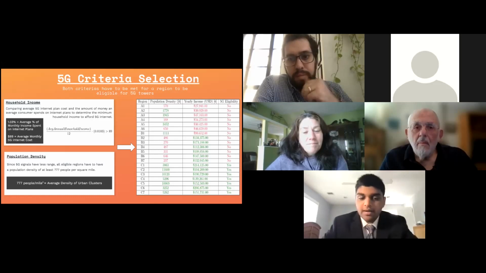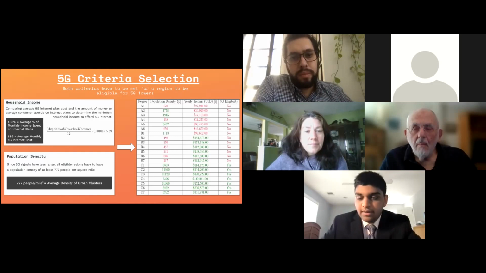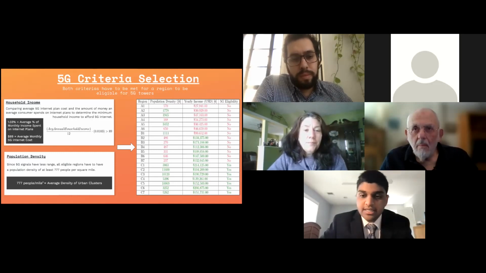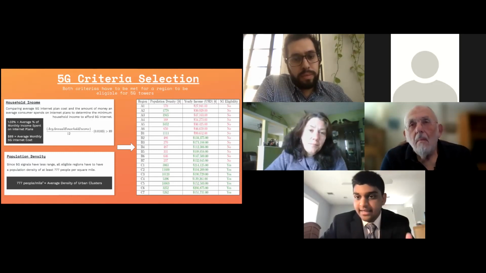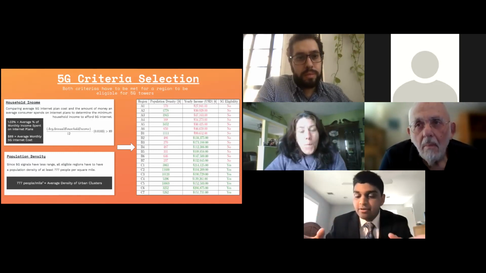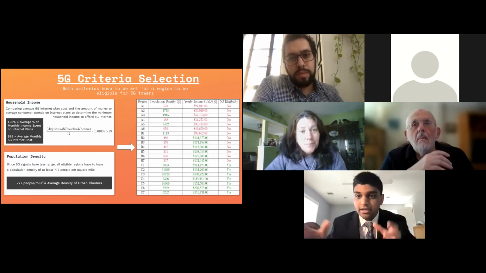Yeah, so I think a lot of it comes down to specifics for a certain area. One of the things with 5G we mentioned as a limitation of our model was the walls and barriers. There's a reason why cities like New York City don't have 5G to the extent that Philadelphia does. A lot of it comes down to a city's specific establishment, how open it is and where nodes are accessible.